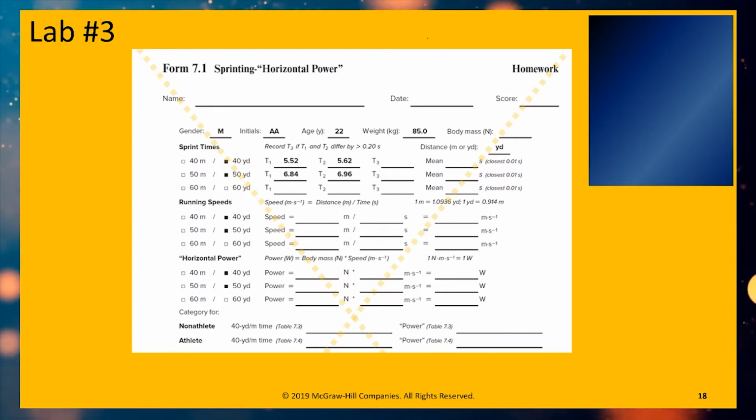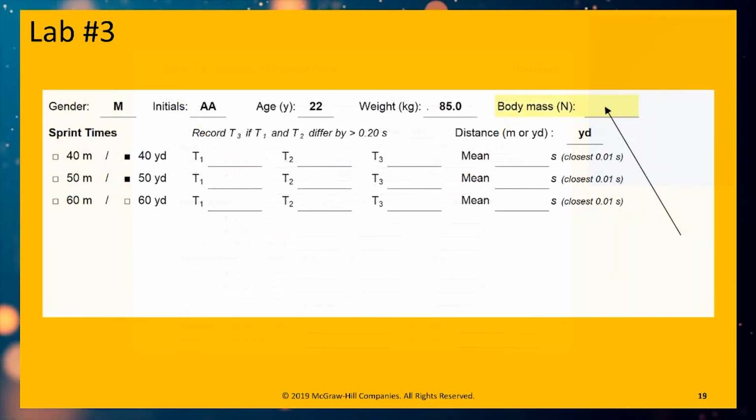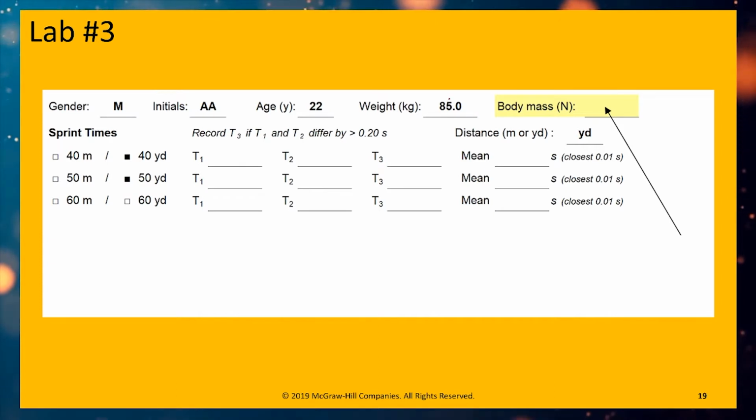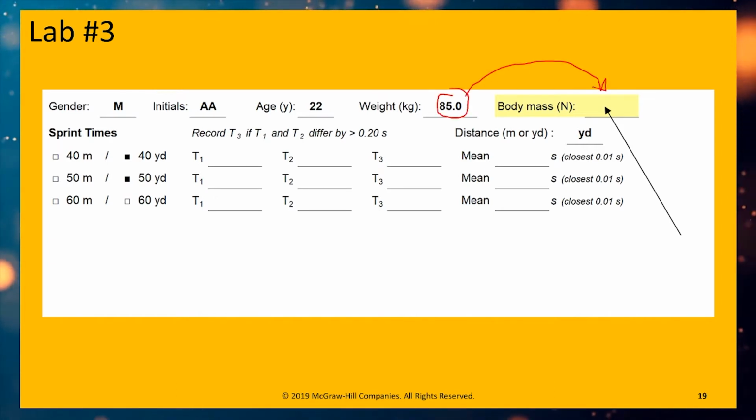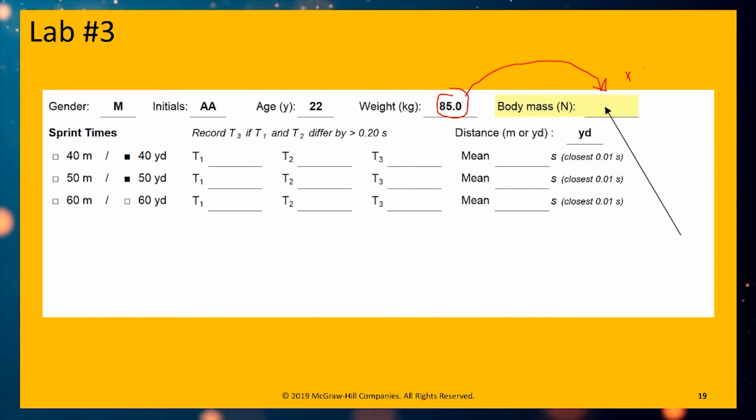So first thing we need to do is get our numbers in a little better working order. We're going to take our kilograms and convert from kilograms into newtons. If you remember the conversion, we need to multiply by 9.8067. It's hard to write with a mouse.